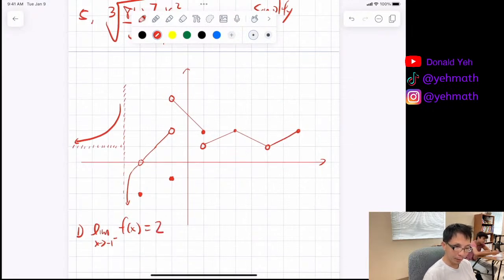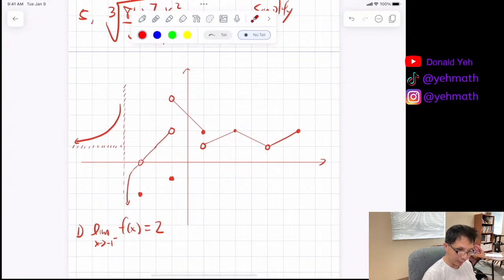Why is it 2? Because if I go toward -1, this is -1, right? Now I'm only approaching from the left. You see this is going to the value of 2. Is that okay?